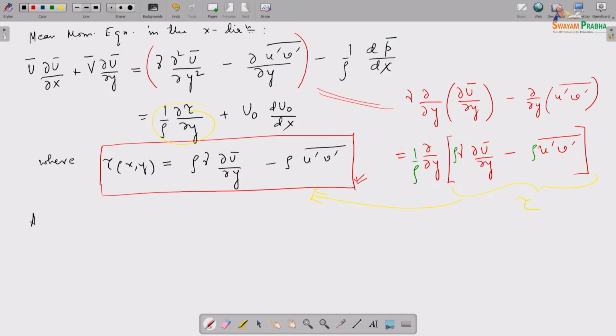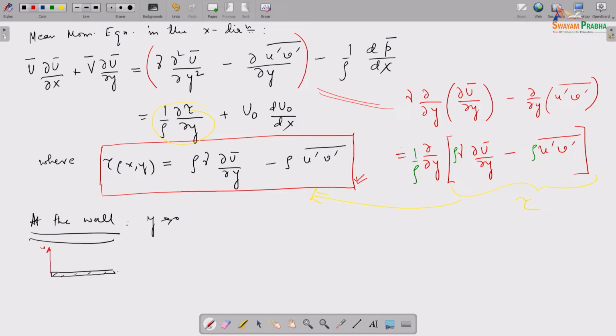Now at the wall. Let's look at the wall. What happens at the wall? When I say at the wall, I basically mean that y is 0. So we're looking at the flow across a boundary layer, or flow on a flat plate.